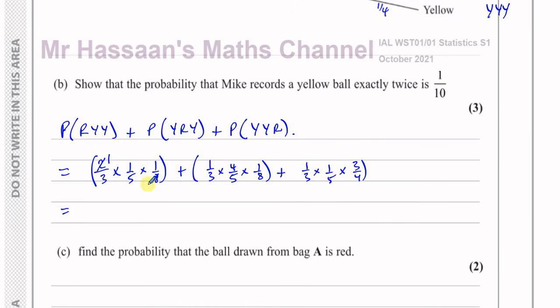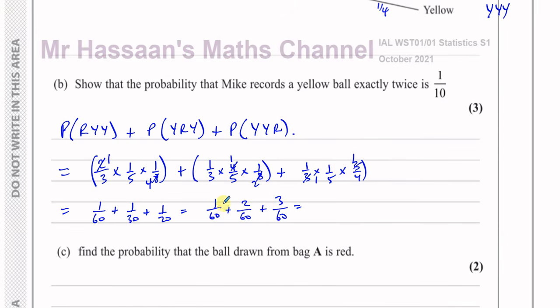That cancels with that, so you have 1 over 15 times 4, which is 1 over 60, plus, that cancels, giving a 2 there, so 2 over 60, plus 3 cancels with the 3, which gives 1 over 20, and to make this into 60, that's 3 over 60.